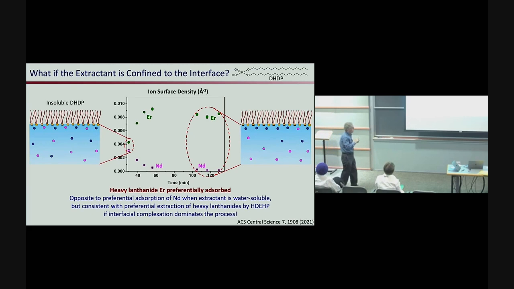So I'm not going to spend a lot of time following up on why the interfacial interactions will dominate the process in the commercial processes. But nevertheless, this shows an important point: if you have primarily complexation in the bulk, it's actually antagonistic to what you would expect to happen. If somehow you can make sure that things are happening primarily at the interface, then that is consistent with the kinds of things that people do in the industry.